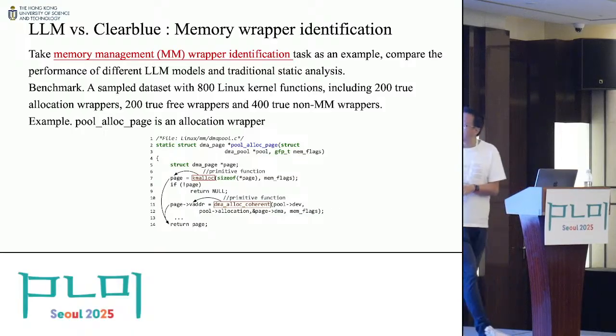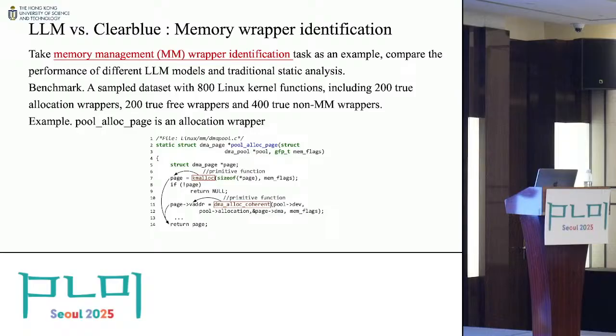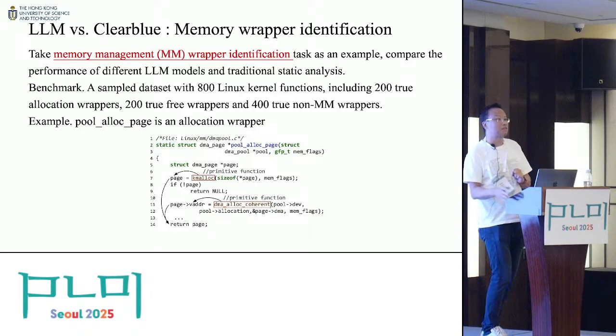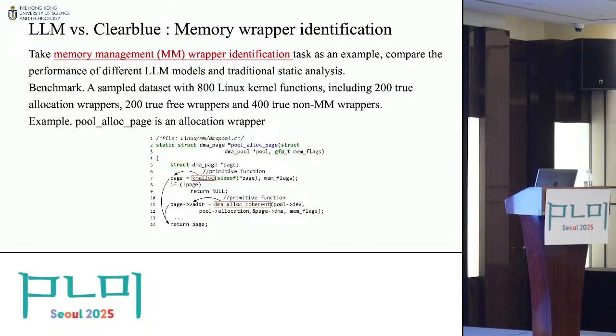So the experiment is that we identify, so this is another benchmark, 800 kernel functions: 200 allocation wrappers, 200 free wrappers, and 400 non-memory management functions. So this is a benchmark, not from us.